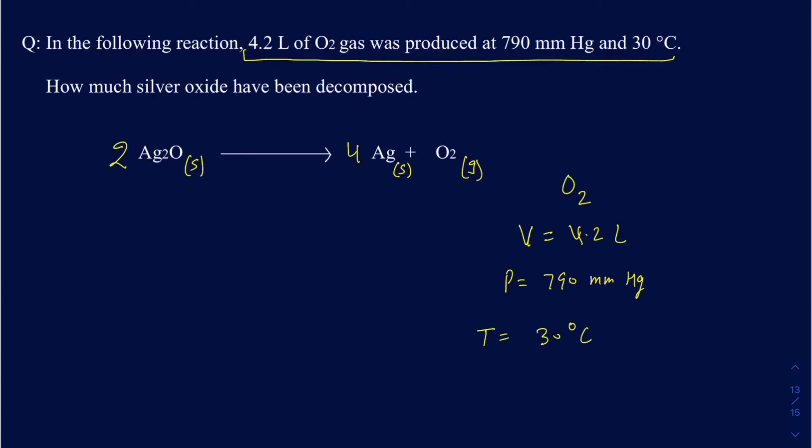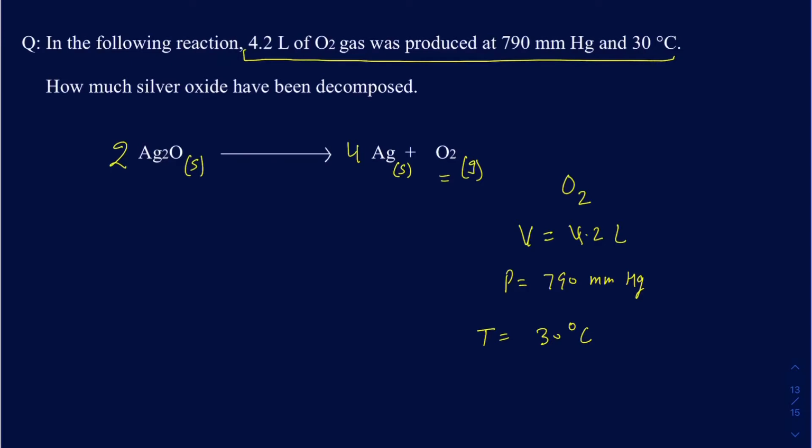Now, if you recall, in any stoichiometry problem, your central point has been the moles. If you know the moles of the reactants, you can figure out the moles of the products and vice versa. So your job is to figure out the silver oxide eventually, but if you know the moles of oxygen that has been produced in this reaction, it's going to be an easy task after that to figure out the moles of Ag2O and then eventually the mass of Ag2O. So let's see how we can figure out the moles of this oxygen.